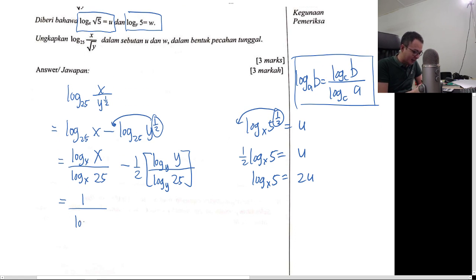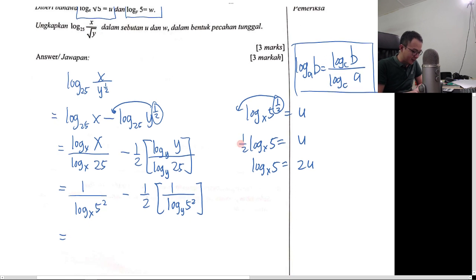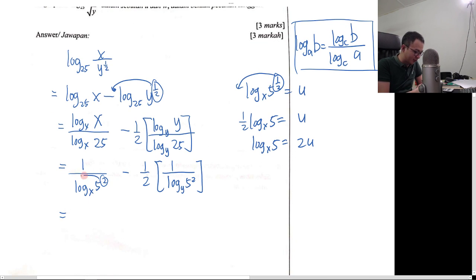Because here, I'm going to do something. I'm going to make it become 5 squared here. And then here I will do the same thing. Log y is 1. This one I will make it become 5 squared as well. Then I can move the number to the front here. This is 1 over 2. And what is my log x 5? My log x 5 is 2u, right?